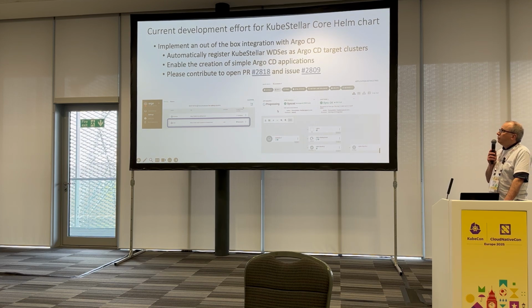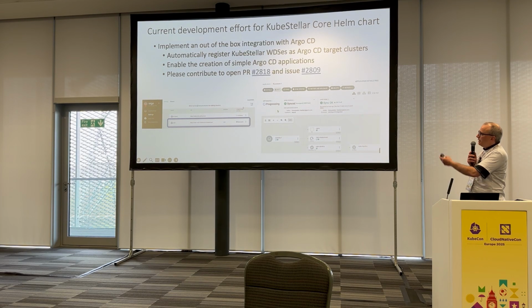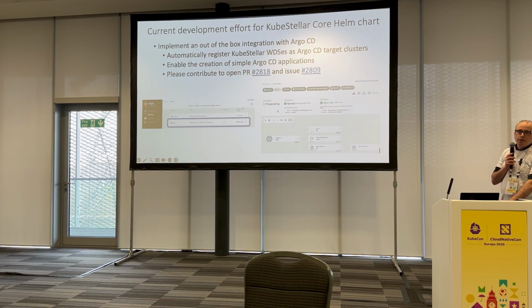Additionally, we can create a simple application in Argo CD so that a new user, for example, can bring up the clusters and bring up a simple Nginx application example that they can practice with. So this PR is still open. If you want to contribute or weigh in with your opinion, you still have a chance to do it.